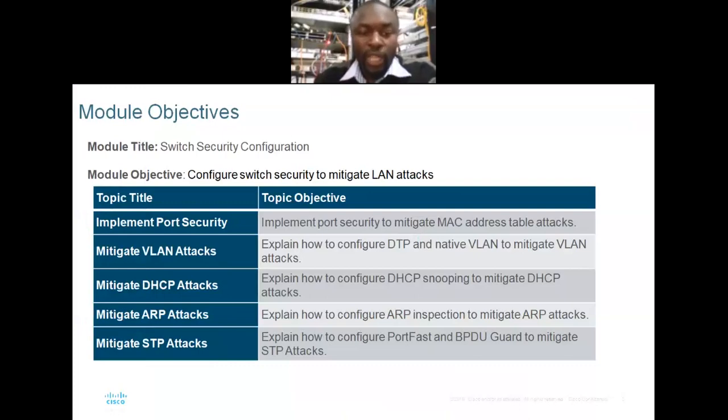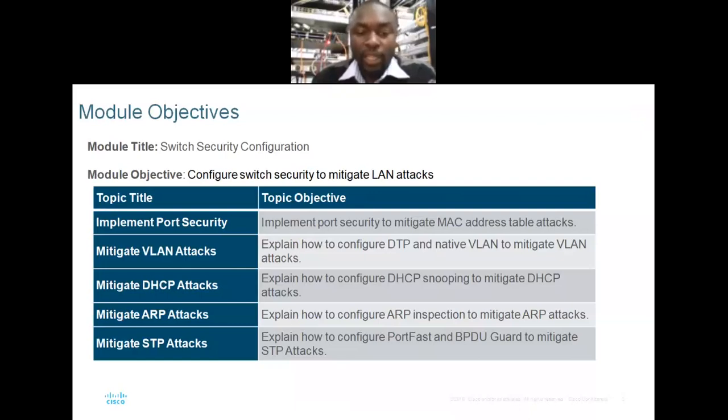We're going to be looking at how to implement port security on switches, and then we'll explain how to configure DTP, dynamic trunking protocol, and native VLAN, and how to mitigate VLAN attacks.